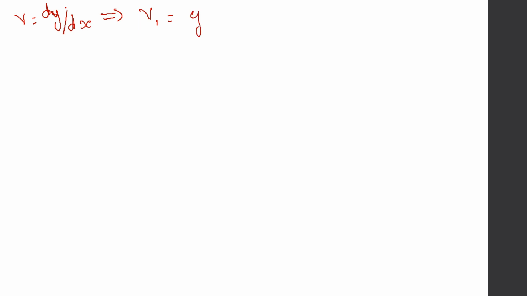Differentiating, we get v1 is equal to y. Therefore, we know integration of u into dv is equal to uv minus u1 v1.